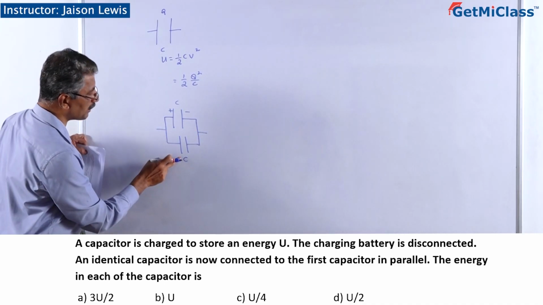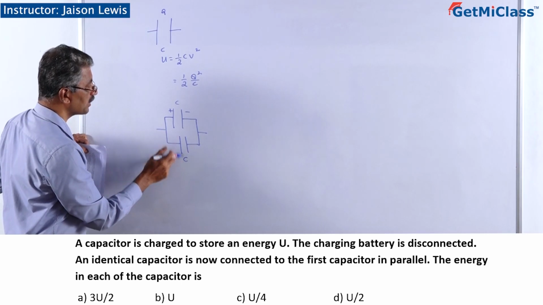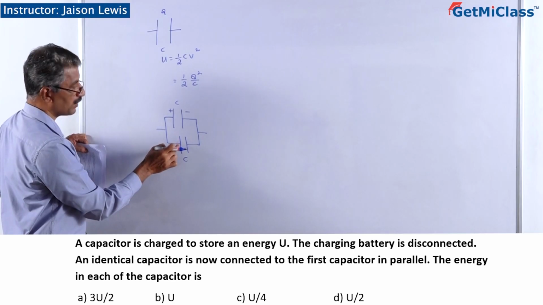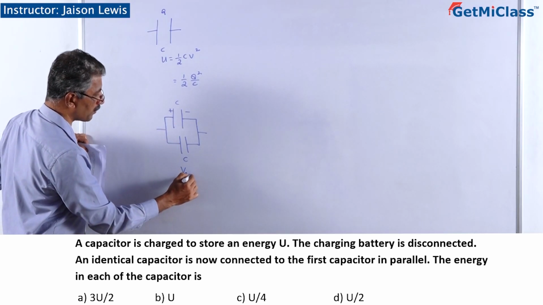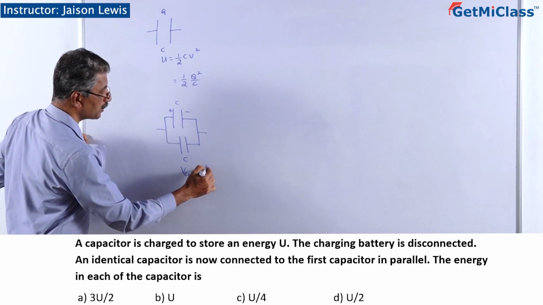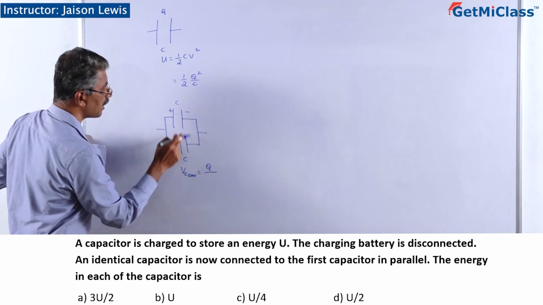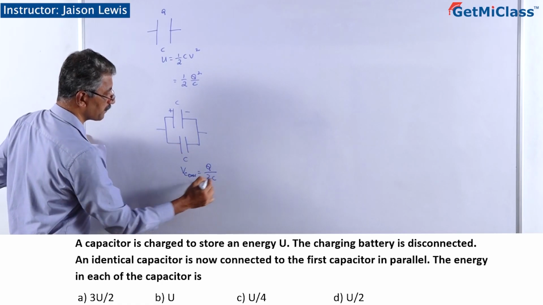The moment we connect one more capacitor in parallel to this, charges will flow so that they have a common potential. So the common potential V common is equivalent to the total charge Q divided by the effective capacitance. They are in parallel, so it is 2C.